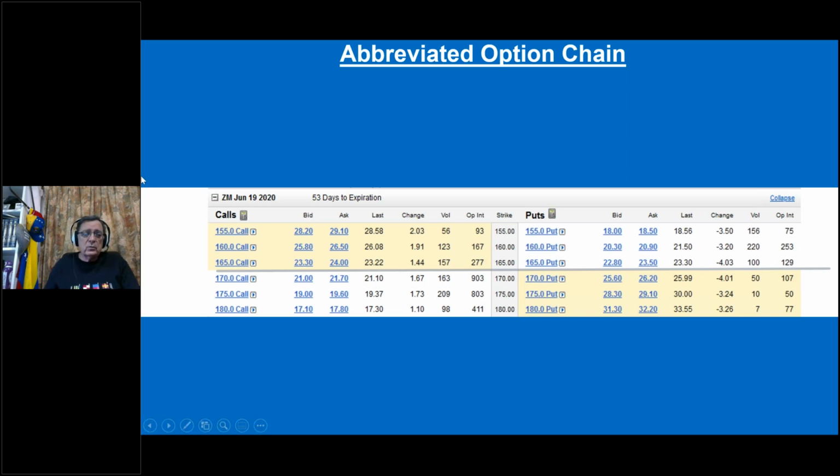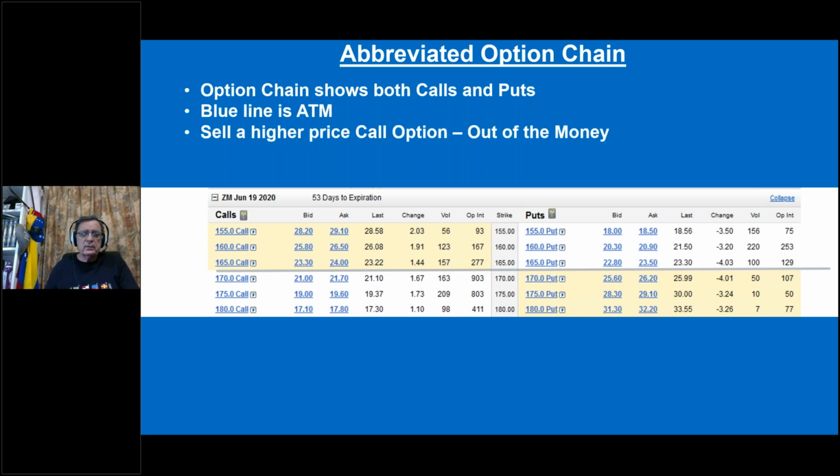You have calls on one side, you see the word calls, and over here, you see the word puts. Whenever you have an option chain, they show both the call and the put. This line in between that I put there, it shows blue, but this line is what they call at the money.